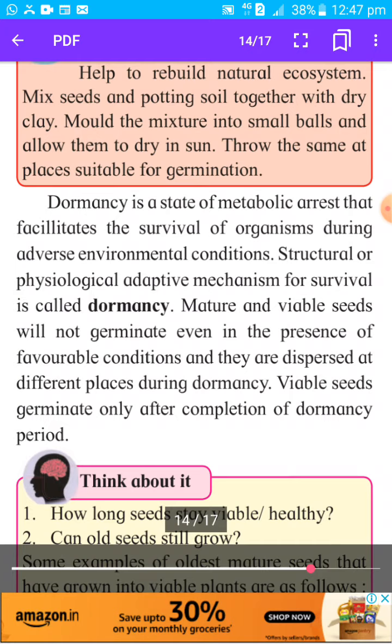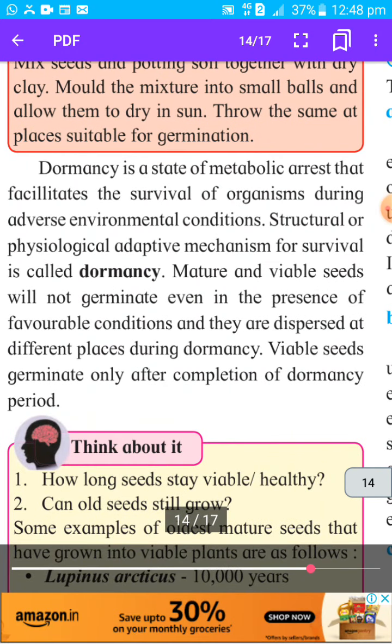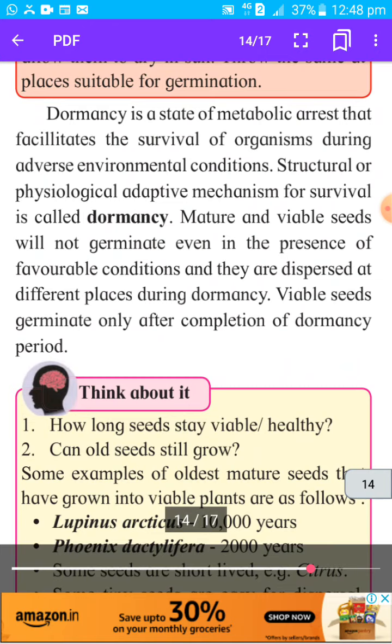So when conditions are not suitable, they are adverse, at that time, for the organism to survive, this metabolic process stops for some time. After that the metabolic process starts again, and that period is called dormancy. Structural or physiological adaptive mechanism for survival is called dormancy.